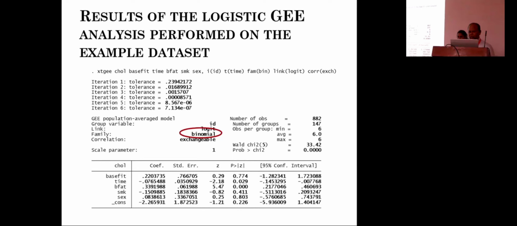We'll make sure that you are able to repeat the GEE with the binary outcome. The data is already coded as a binary outcome, that is high cholesterol, low normal cholesterol. Use this data to do this analysis. Is that okay? We'll stop at that level.